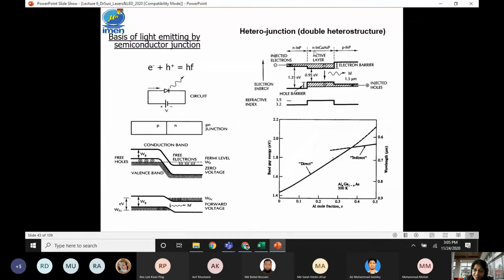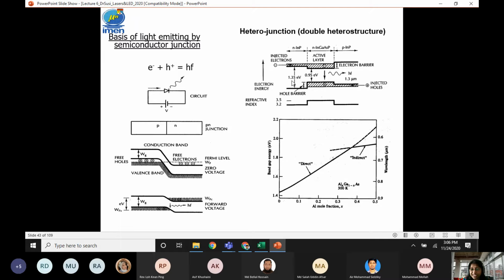In this case, it is N indium gallium arsenide phosphate. You can see that the band gap energy is 0.95 electron volts, and this band gap is low so that electrons can recombine with holes over here. And you can see that the adjacent N and P type indium phosphate, P indium phosphate and N indium phosphate, have a higher band gap energy, 1.35 electron volts.